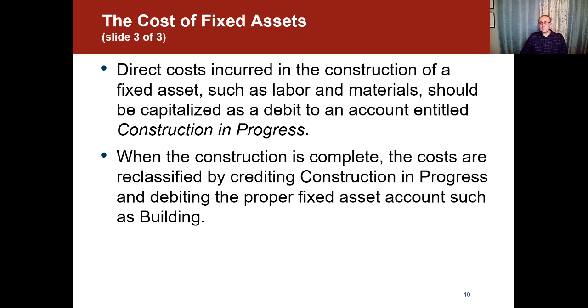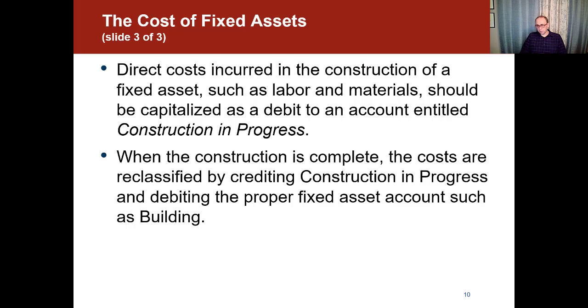Direct costs incurred in the construction of a fixed asset, such as labor and materials, should be capitalized as a debit to an account entitled Construction in Progress. This is just additional information for you to be aware of. Sometimes a company would construct a building, so they don't buy the building ready. While they are having any kind of direct cost related to the construction of this building, things like labor and material used, in this case we debit a temporary account called Construction in Progress.